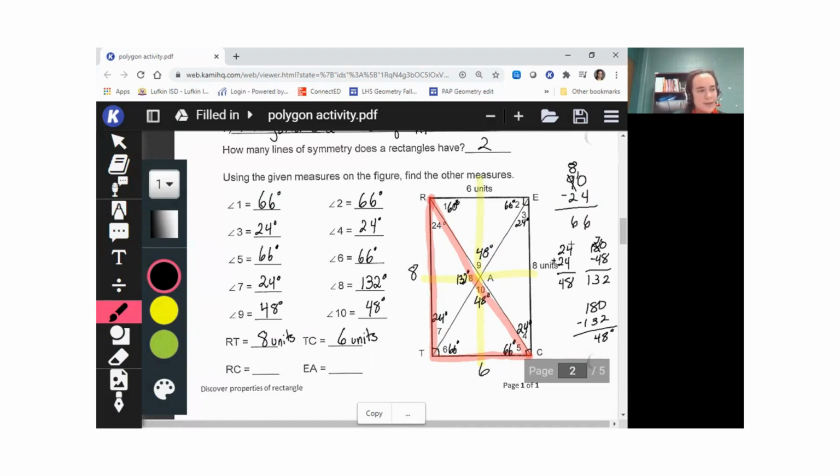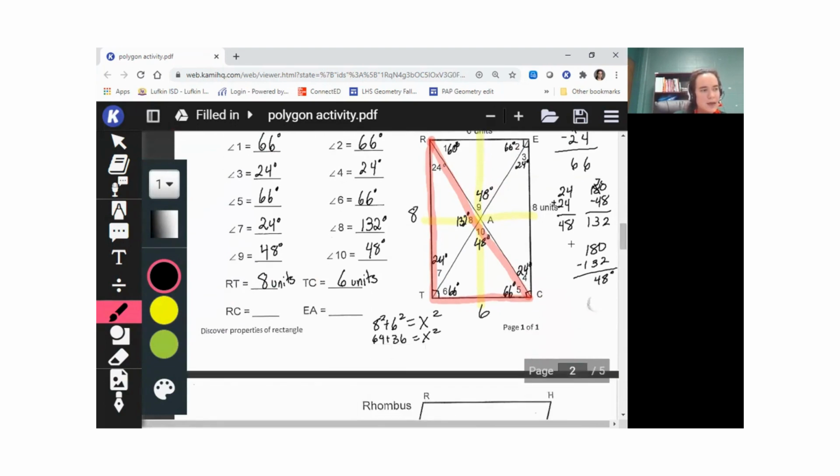Pythagorean theorem. So 8 squared plus 6 squared equals x squared. And 64 plus 36 is 100, equaling x squared, and taking the square root, x equals 10. So RC is 10 units.